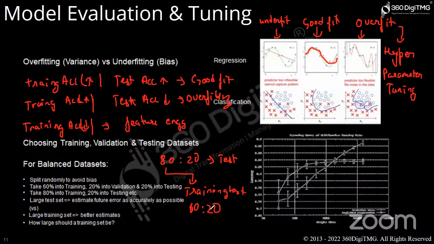Now the ideal split doesn't always have to be like this. You can also change it up and pick a different kind of split if you want, depending on your data set, depending on your use case. Okay. So this is in regards to splitting.